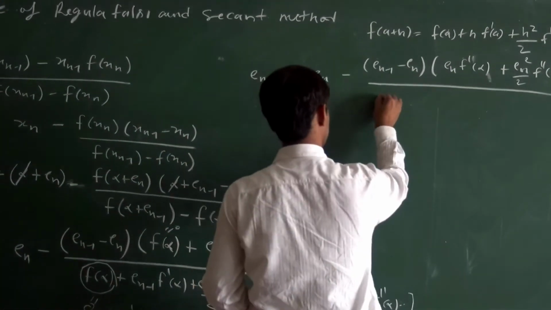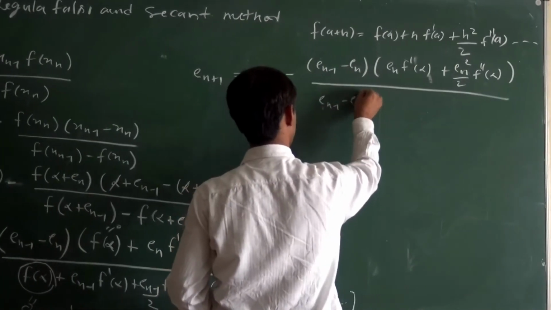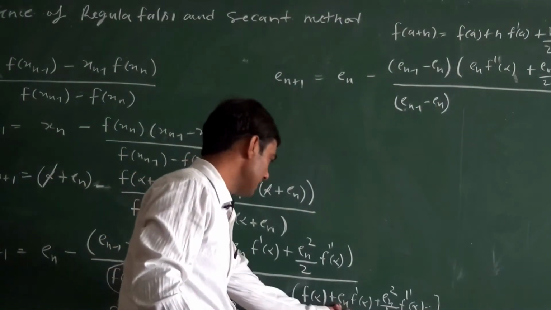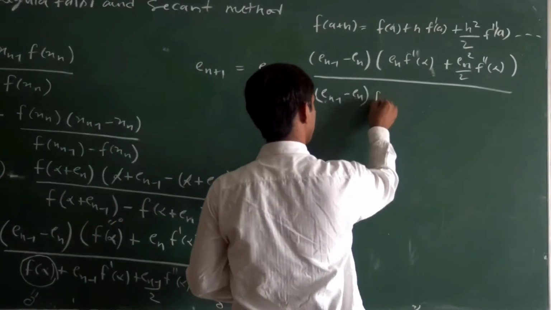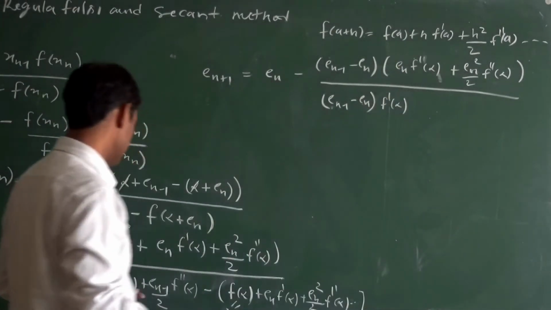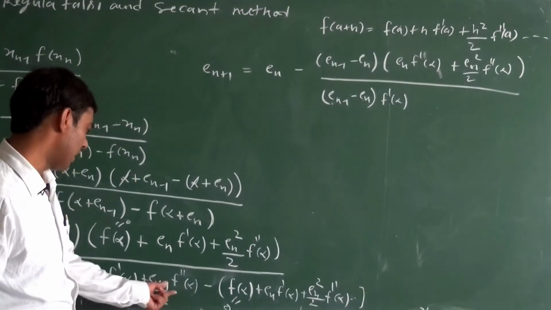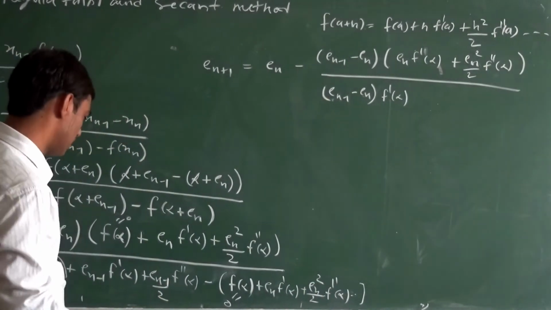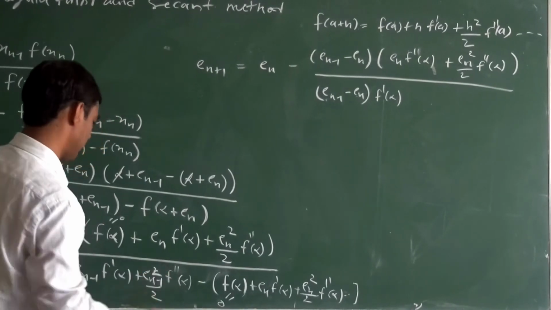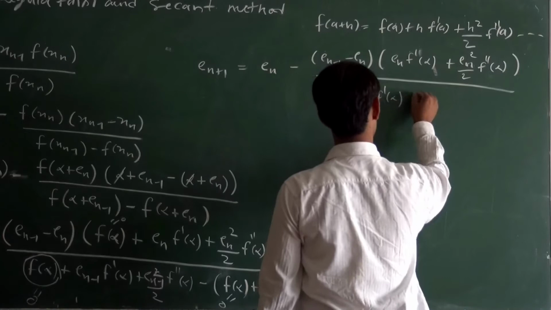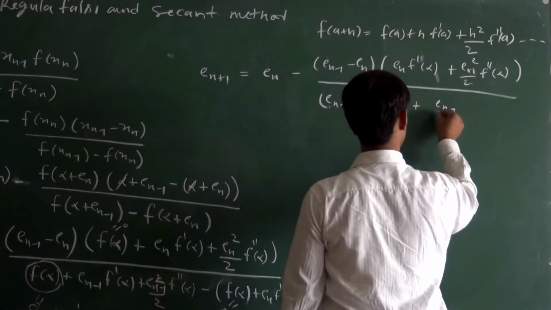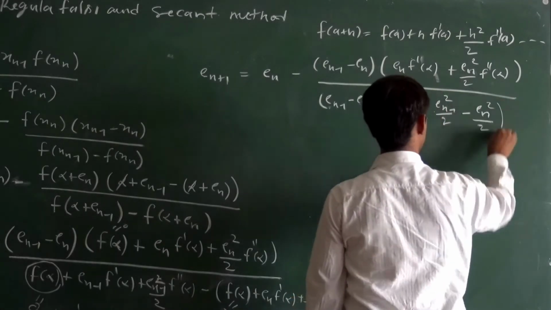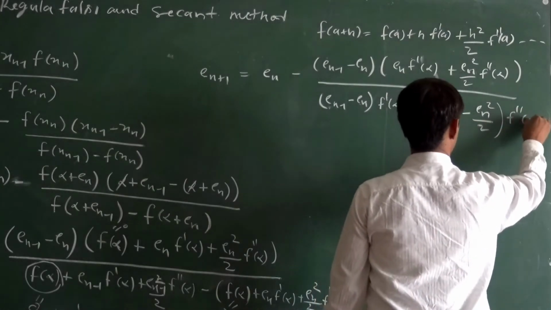Here we take common (E_{n-1} minus E_n) and f'(alpha). And the second term becomes f''(alpha), so this becomes (E_{n-1} by 2) whole squared, plus (E_{n-1} by 2) squared minus (E_n by 2) squared, times f''(alpha).